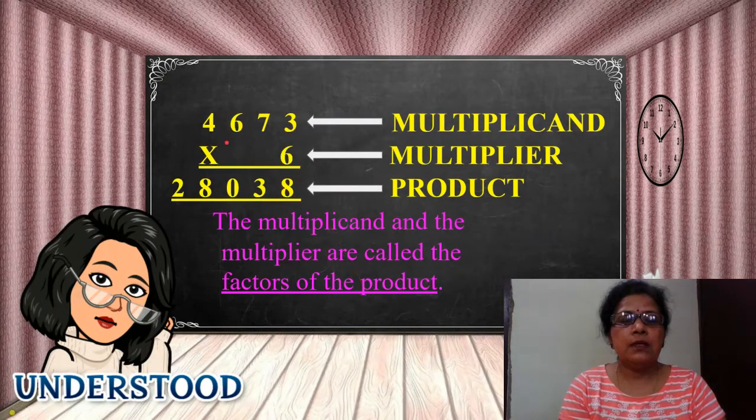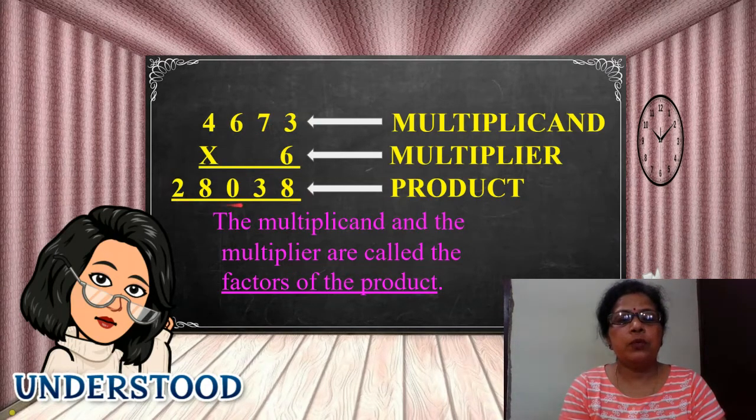Here you can see that 4673 is the multiplicand, 6 is the multiplier, as we have to multiply this number by 6, and the answer that we got, 28,038, is called product.